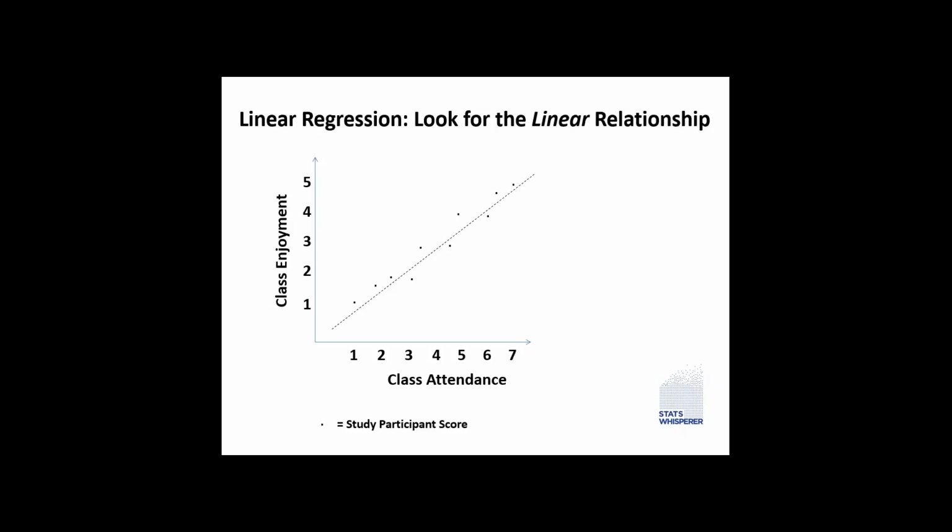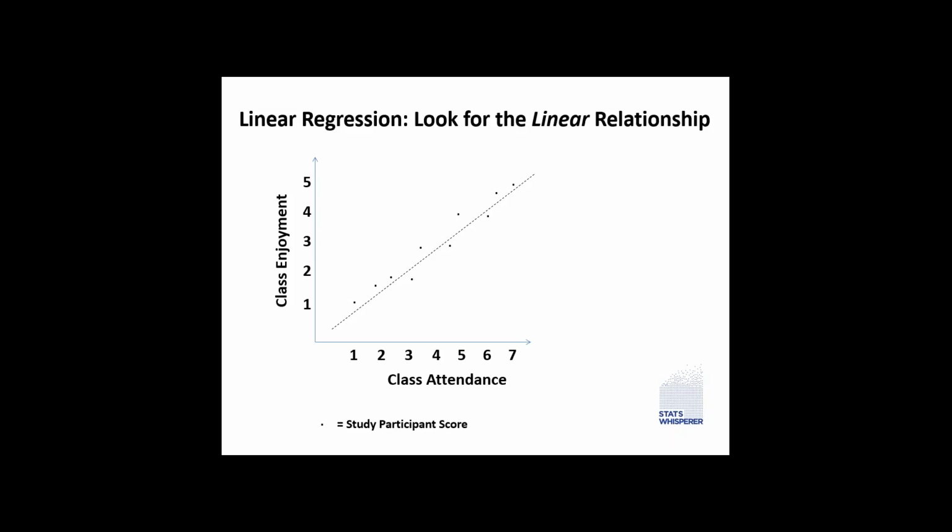Now remember, we are looking at a linear regression, so we're looking at a linear relationship. So what does that mean exactly? Suppose we have an X and Y axis, and on the bottom we have class attendance from 1 to 7, and then on the left, going up, we have class enjoyment.